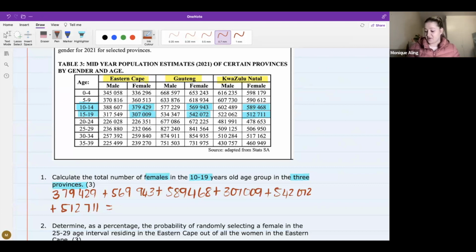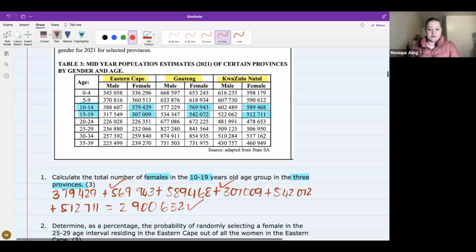We add everything up and you get 2,900,632. The way this was marked, according to the memo, is 1 mark for all the correct numbers, the second mark was for adding, and the third mark was for your final answer.